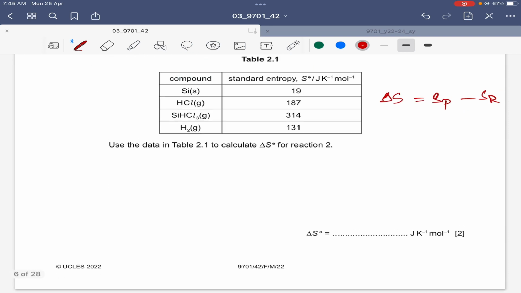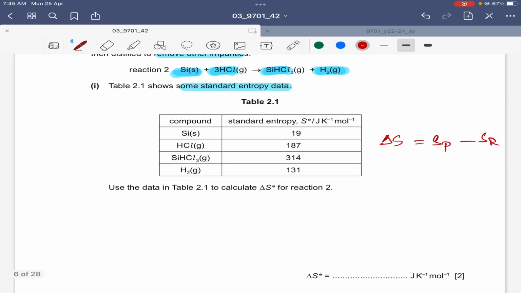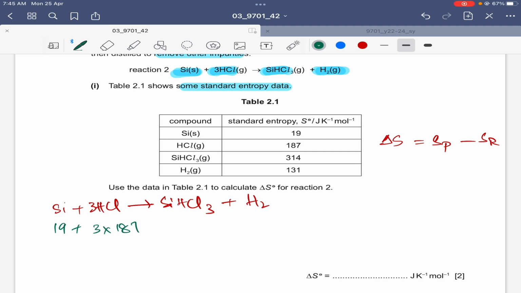So the chemical reaction which we have is Si plus 3HCl gives SiHCl3 plus hydrogen. So the entropy value of silicon is 19, plus HCl is 187, so this would be 3 into 187. This gives us SiHCl3, whose entropy value is 314, plus hydrogen is 131.